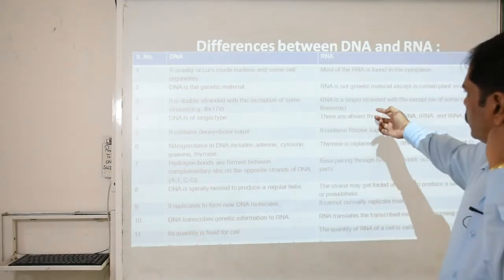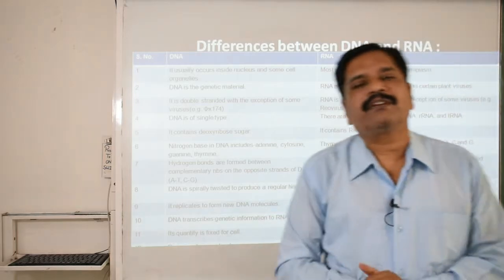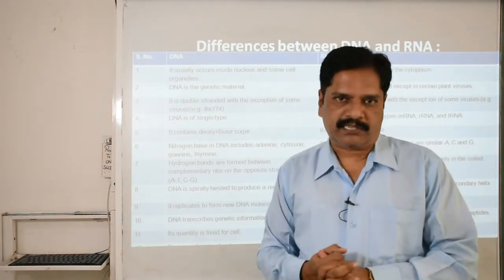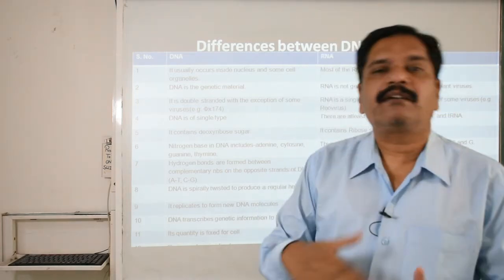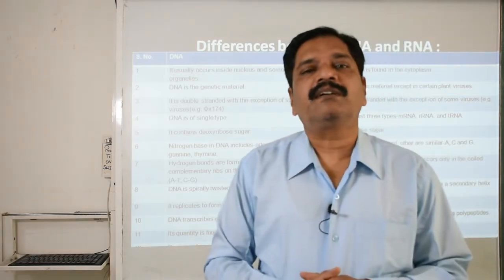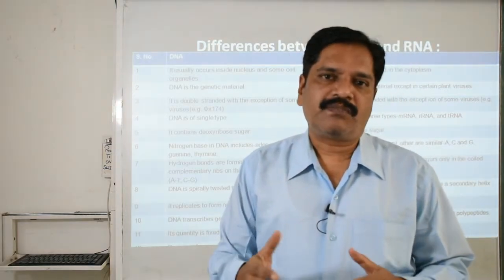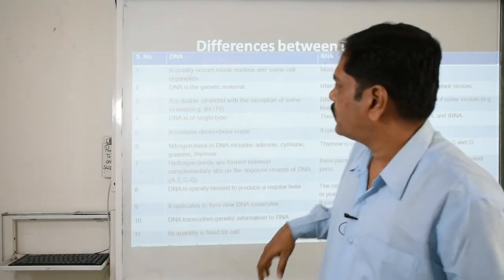Now RNA is single stranded. Here also there is an exception, like the reovirus where the RNA is double stranded. Remember, single stranded DNA and double stranded RNA are not generally found in organisms as a normal feature.